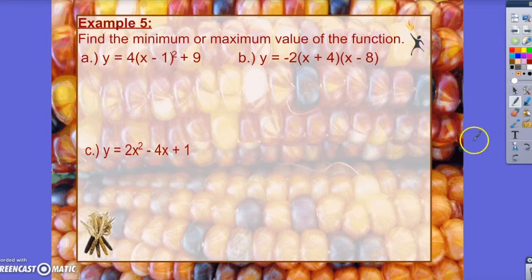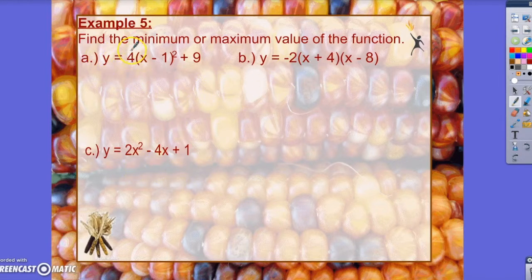Okay, so we have to remember 3 different ways that we solved for the vertex. If we look at letter A, let's just go through these for a second. The A is always the number in front, regardless of which method I'm looking at. C is in standard form from 4.1. A and B are in either vertex form or intercept form. But A is always the number out front.